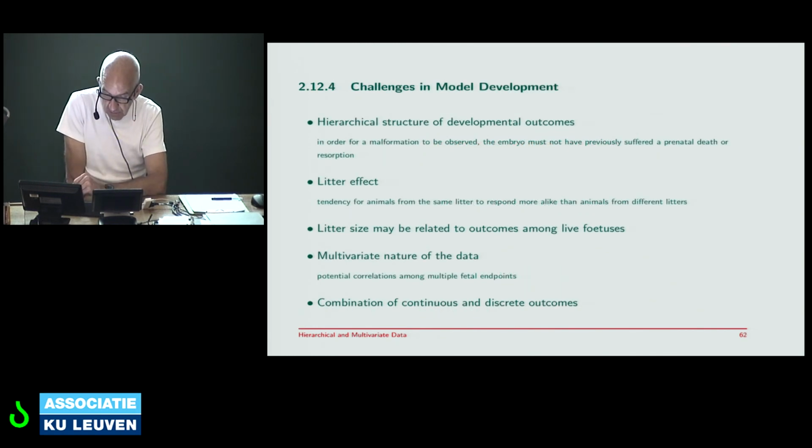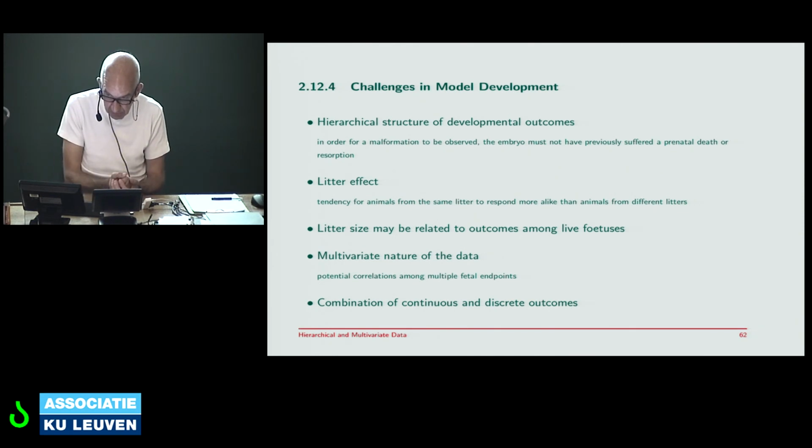What are the challenges in model development? Well, also here, the hierarchical structure. It's a little easier than before because we can do the exposure at the individual level, but this does not take away the litter effect. It's not because, and that's often misunderstood, it's not because you have individual exposures that there's no cluster level exposure.